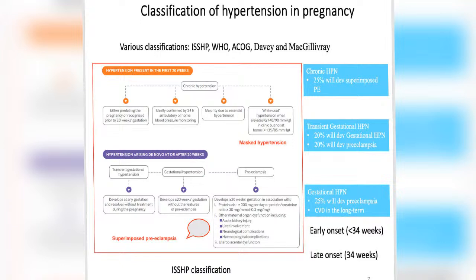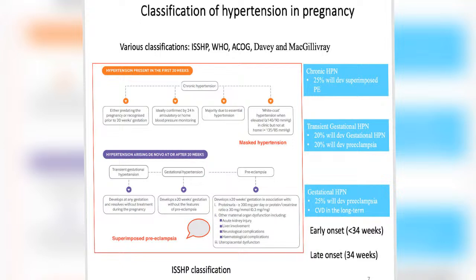So either it starts immediately you get pregnant, or you already had hypertension and when you got pregnant the BP started going up. Or within 24 hours, like when you're in the house, you are below or exactly 20 weeks, and the blood pressure you are monitoring keeps on going up, keeps on going up.